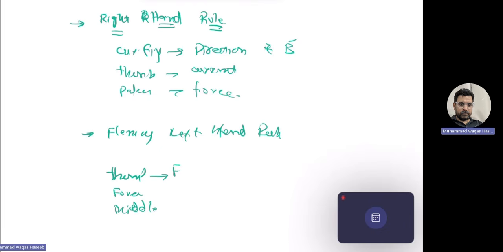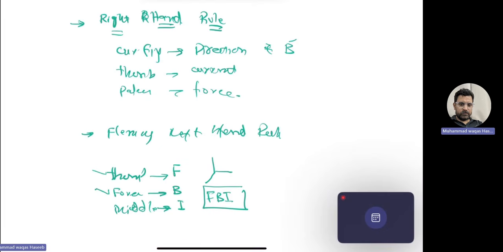The thumb indicates force, the forefinger represents the magnetic field, and the middle finger represents the current, like three dimensions. So it is FBI: thumb, forefinger, and middle finger.